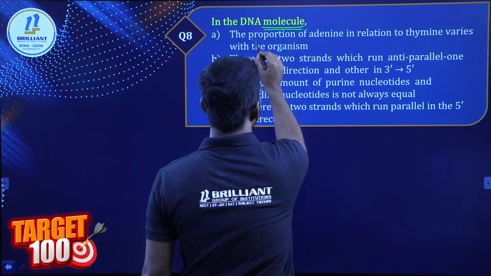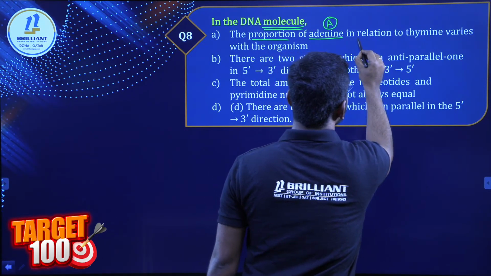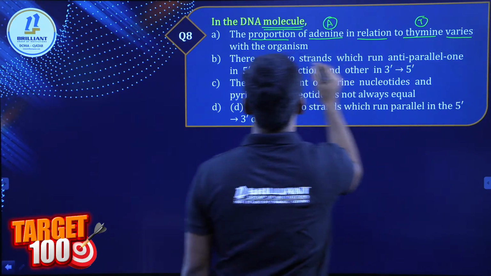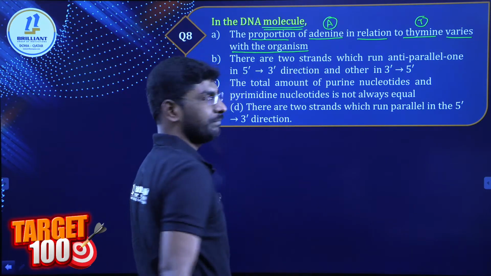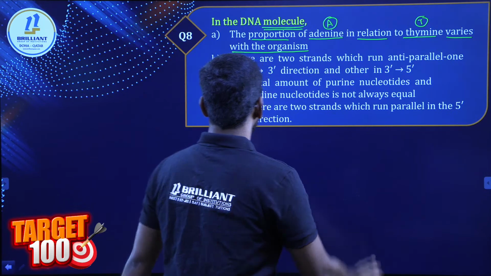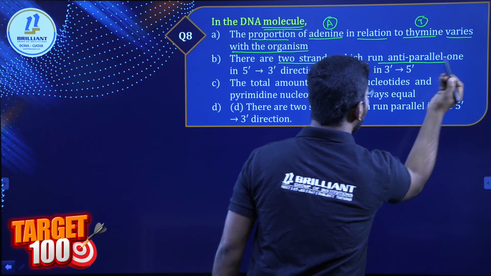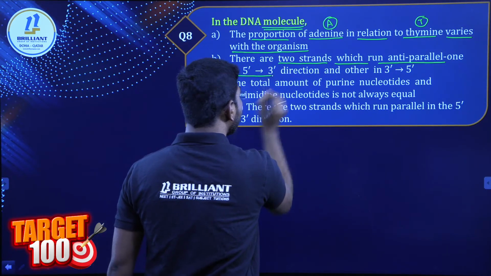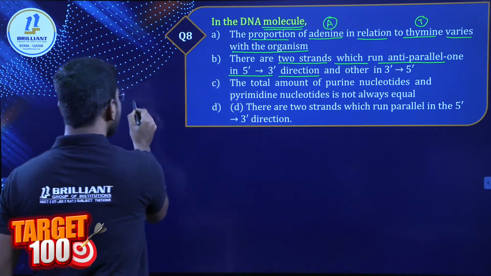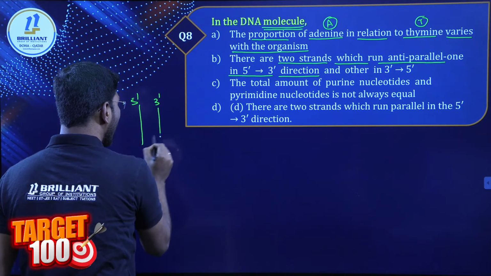Now look here. The proportion of adenine, A, that is purine, in relation to thymine, T, pyrimidine, varies with the organism. According to Chargaff's rule, that is not right. Now there are 2 strands which run anti-parallel, one in the 5' to 3' direction, and the opposite one is 3' to 5'. Anti-parallel.